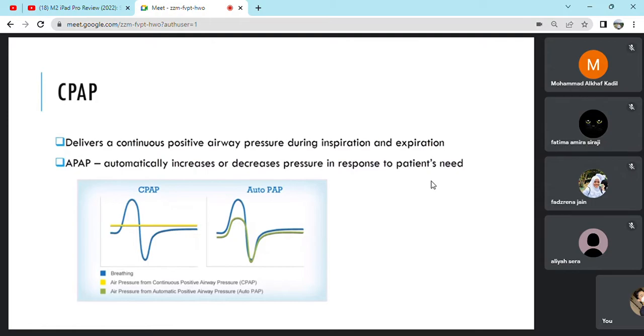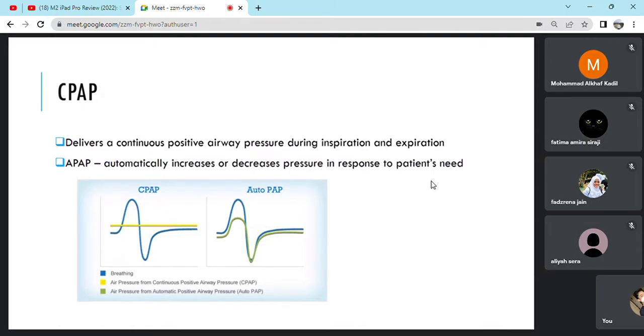So the difference is yung CPAP kasi, once you give the level of pressure, say for example, 10 centimeter water, all throughout the breathing pattern during inhalation and exhalation, the 10 centimeter water is given.